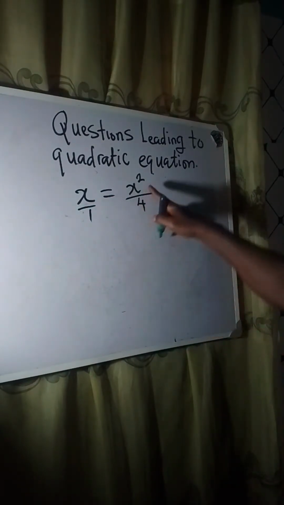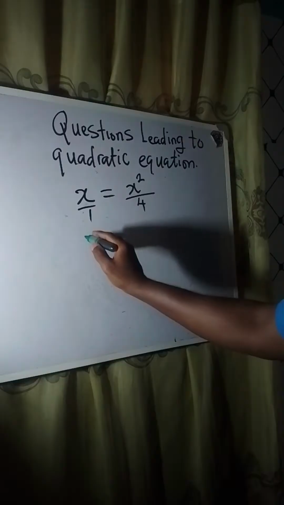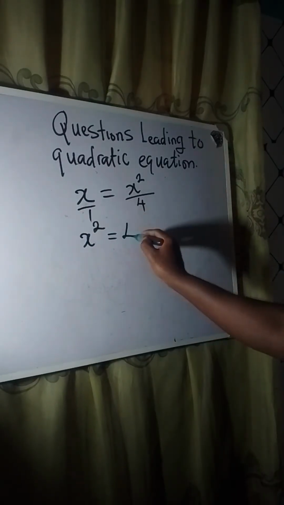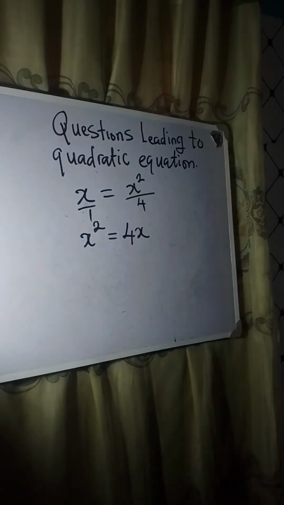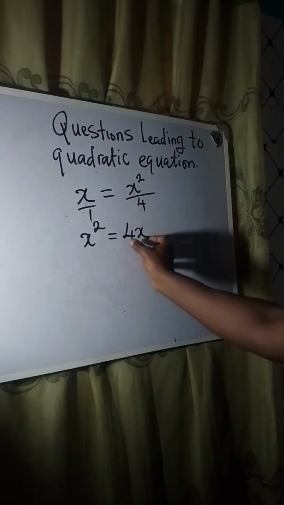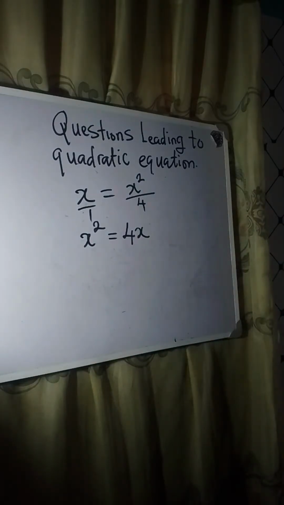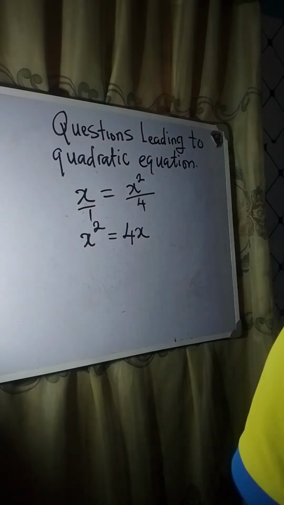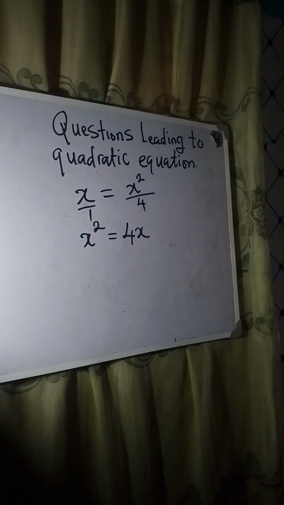At this point, we can cross multiply so that x squared will multiply 1 to give us x squared, and it's equal to x times 4 to give us 4x. And this is the point where we bring everything to the same side. Don't divide both sides by x. We do not divide both sides by a variable. We only divide both sides by the coefficient of the unknown.